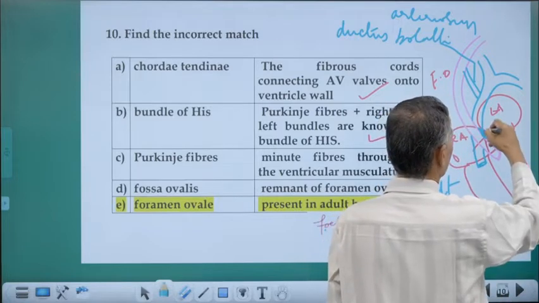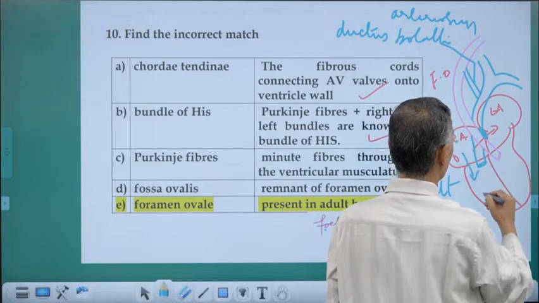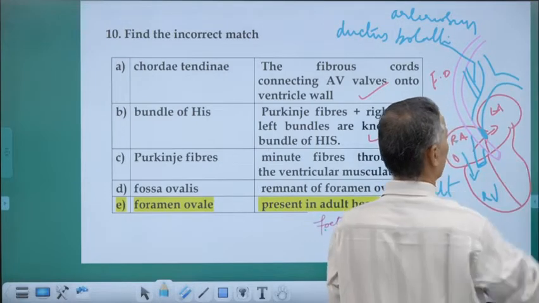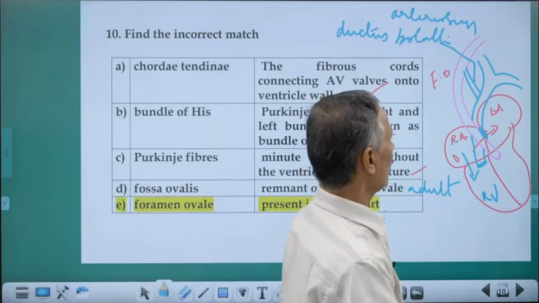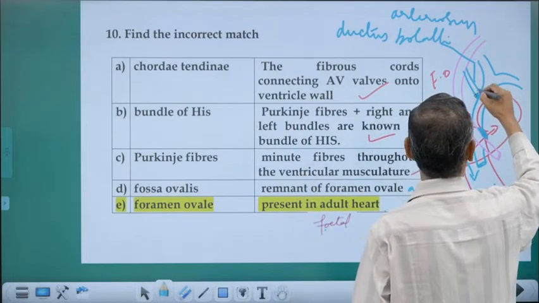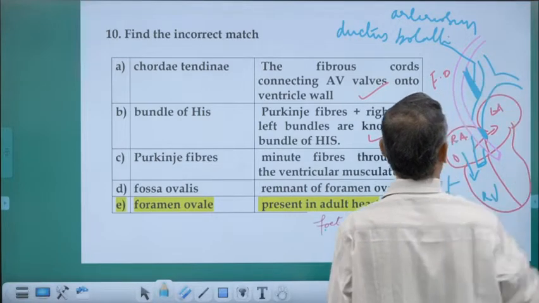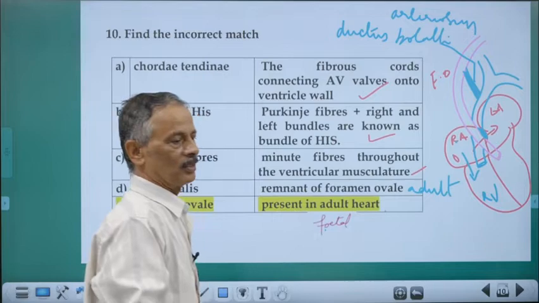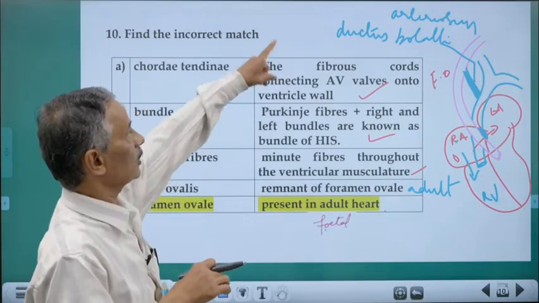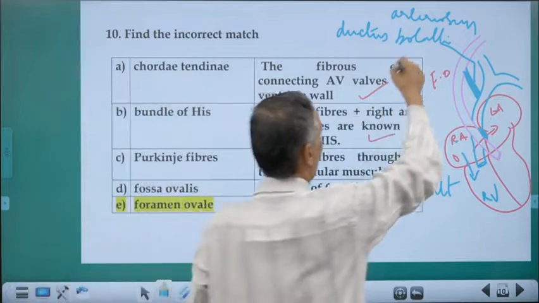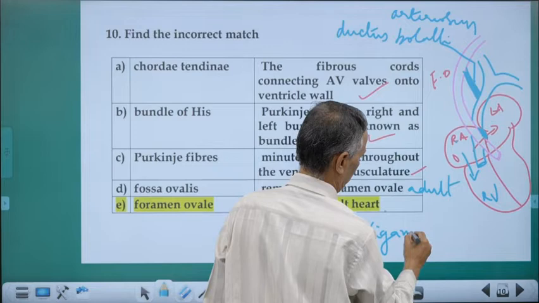So this opening is closed, and from the right atrium, blood will reach the right ventricle, and through the pulmonary artery, blood reaches the lungs, and it should not pass through this one. So this blood vessel becomes closed, and that closed non-functional duct, ductus botalli or ductus arteriosus, is now called ligamentum arteriosum.